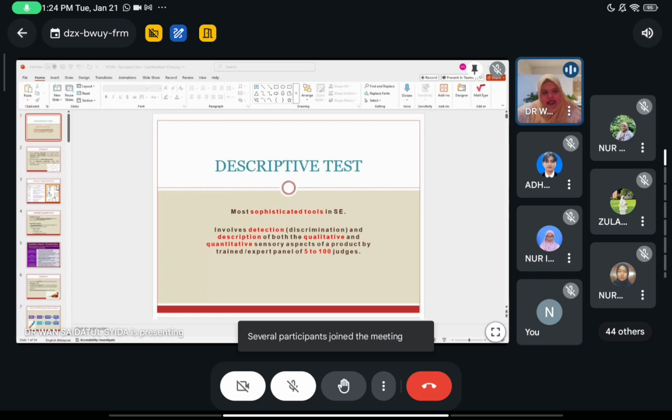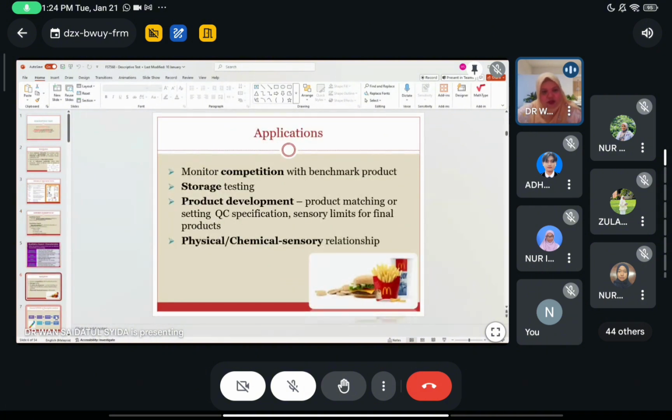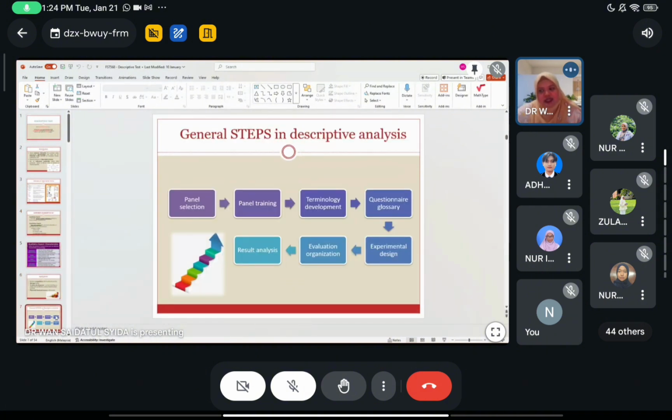Okay, so in descriptive test, we always start with panelists. So you have to cover the steps on panelist recruiting, how to recruit your panelists, and how to conduct the descriptive analysis starting from the panelists and ending with the result analysis.